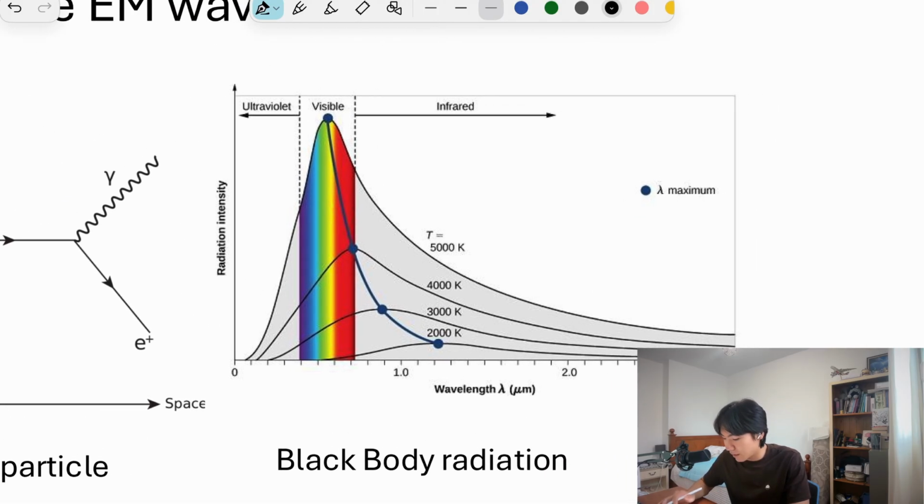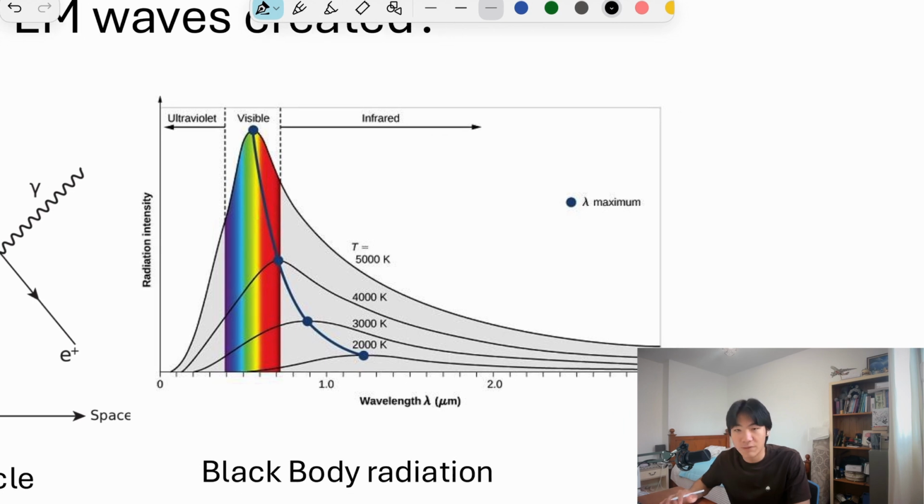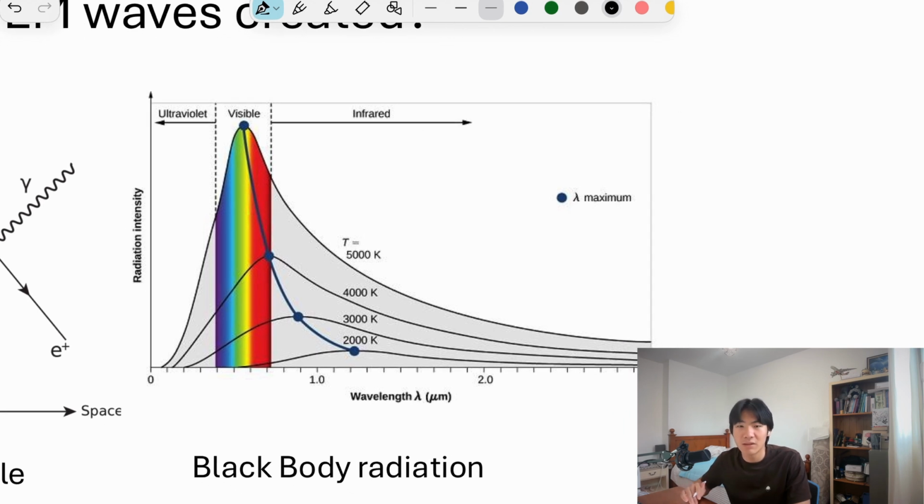And then lastly, there's black body radiation. During the COVID times, if you looked at the thermal cameras, people with fever have a red forehead, for example, and if you look at a cold place, it's blue on that camera. That is actually an infrared light camera. What black body radiation means is that any body that is above 0 kelvins, above absolute zero, releases some sort of electromagnetic radiation.